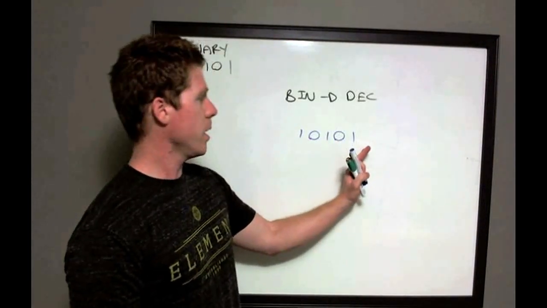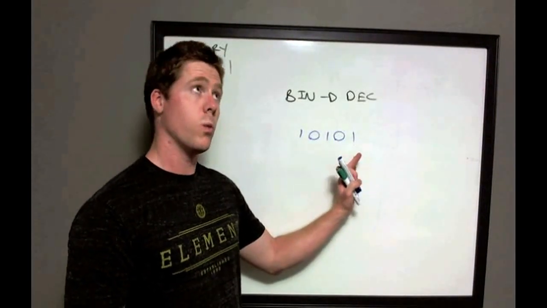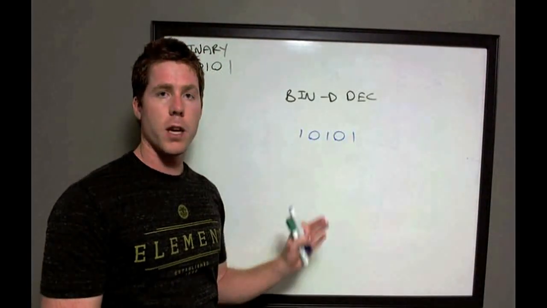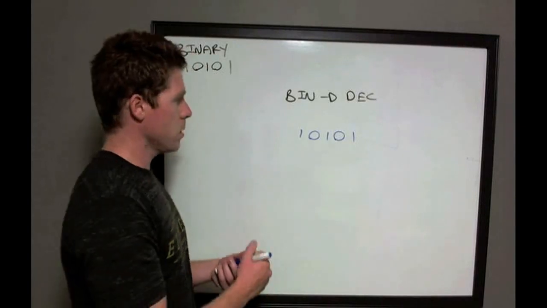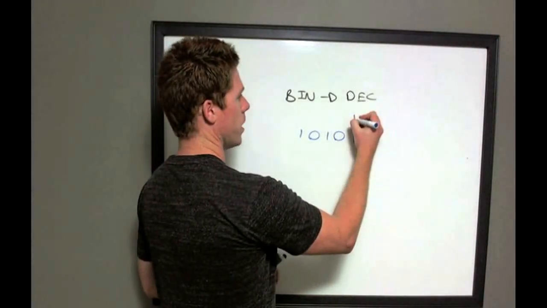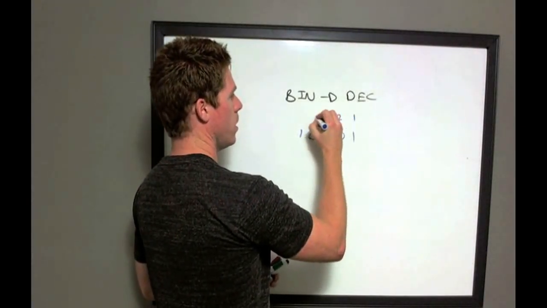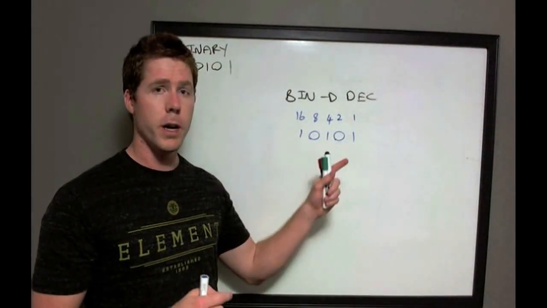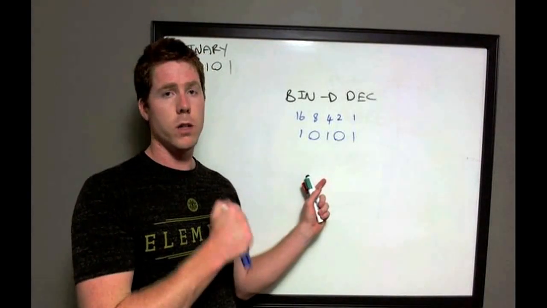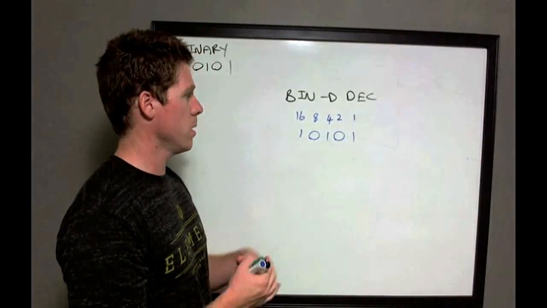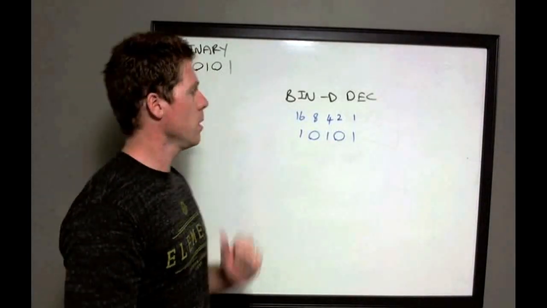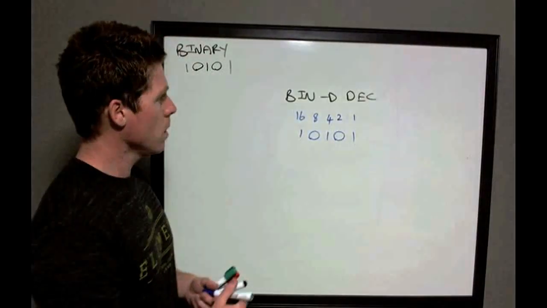So starting at the right hand column, that is worth the least, and as we keep stepping across, each column is worth more. So we get 1, 2, 4, 8, 16. Now if you've forgotten what all of these numbers are about, again, go back to the previous one and check it out, because I describe where we get all these weightings from. So check that out if you need to.